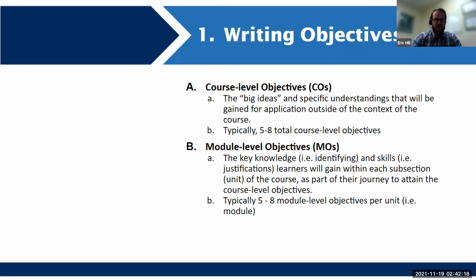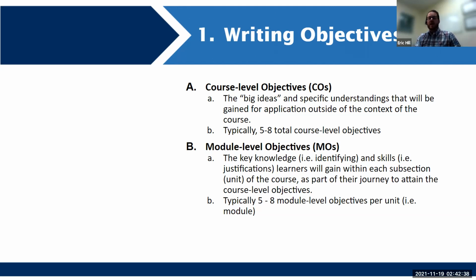Each one is broken down into its more granular module level objectives. The key knowledge and skills learners will gain within each subsection of the course as part of their journey to attain the course level objectives. Again, typically looking at about 5 to 8 module level objectives per unit or per module.